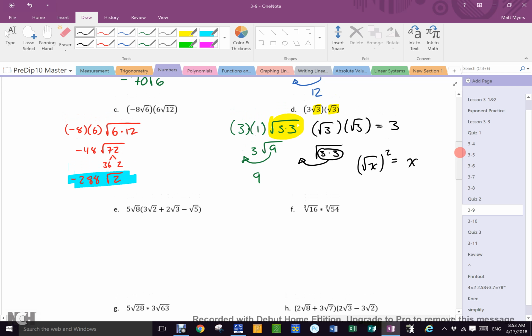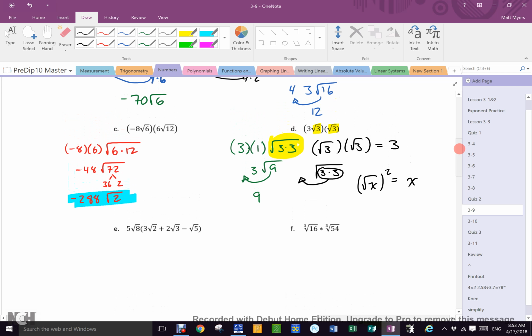What's different in E? We're going to have to FOIL. Not FOIL, we're going to have to distribute, right? Stuff we already know. If this was 5x bracket 3y plus 4z minus q, what would we do?